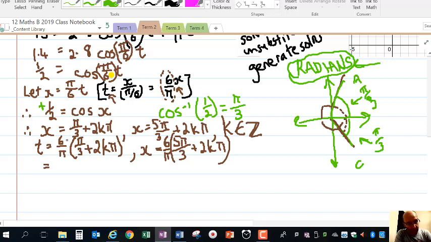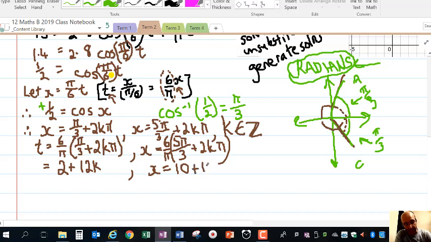The pi's cancel out, and 6 over 3 is 2, plus the pi's cancel out with the second term, and 6 times 2 is 12 with a k on it. On this one here, the pi's cancel out. You've got 30 on 3, which is 10, and then 6 by 2 is 12.